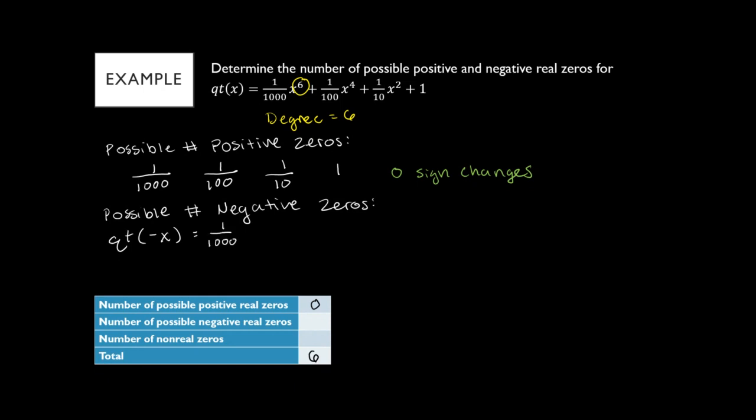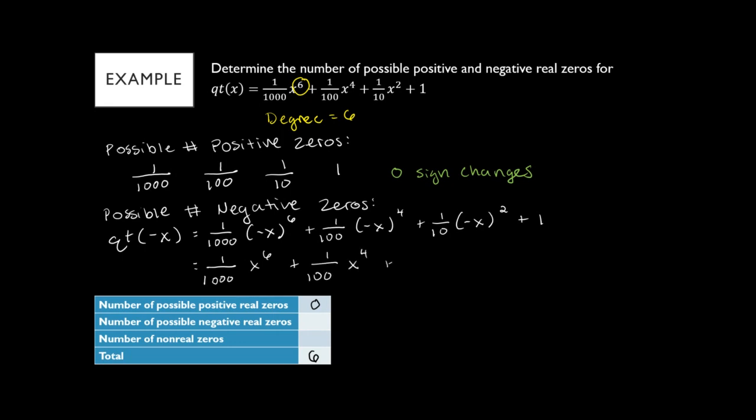So I have 1 over 1,000 negative x to the 6th plus 1 over 100 negative x to the 4th plus 1 over 10 negative x squared plus 1. All of these have even exponents, which means the negative is going to cancel out. So what we end up with is the same function we started with, because all of the negatives are canceling out.